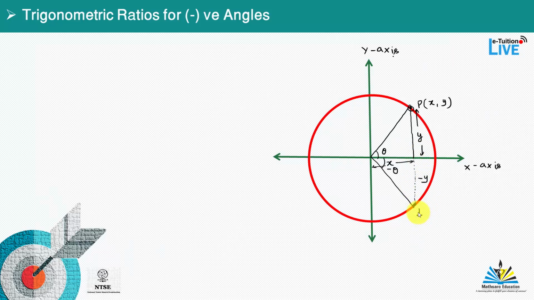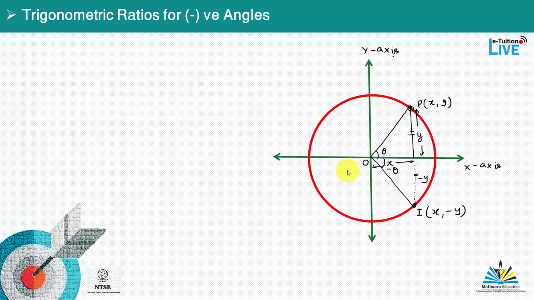Hence the coordinates of the image must be x comma minus y. As you can see, this length is equal to this length and these two triangles are the same, so this angle must be equal to this angle, and the image of point P will lie on the circle.